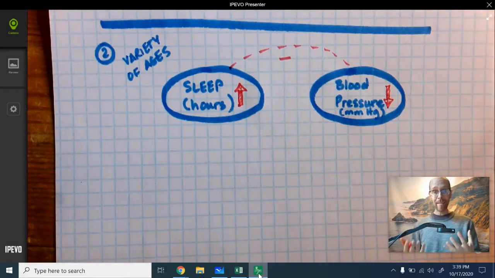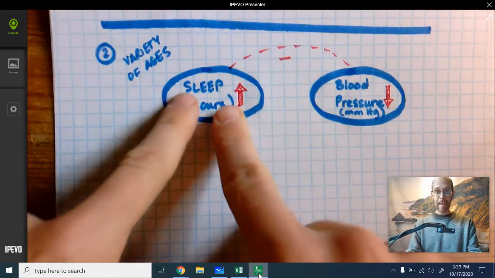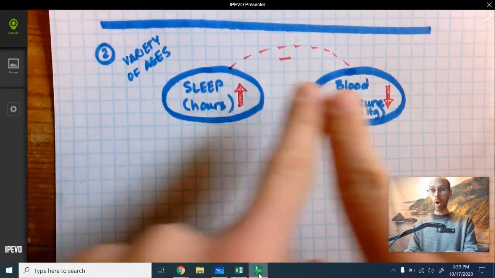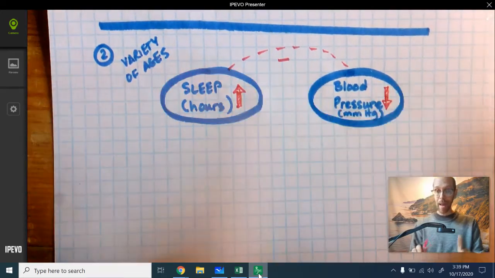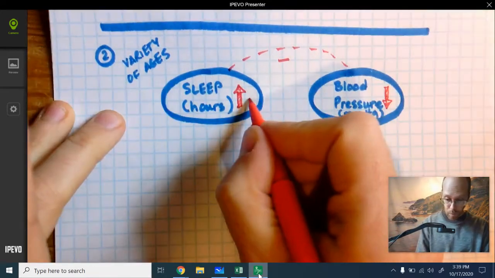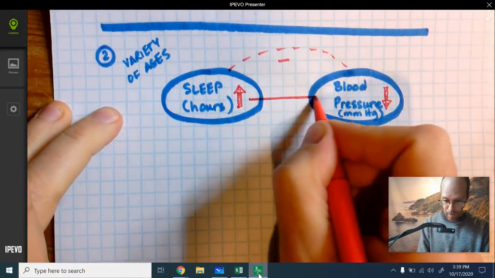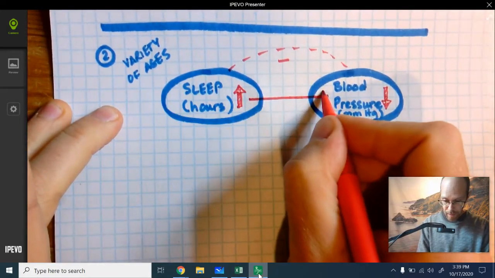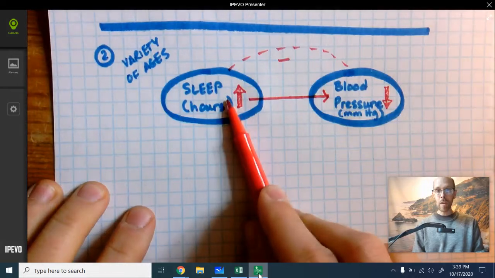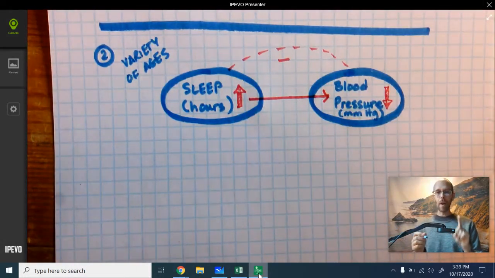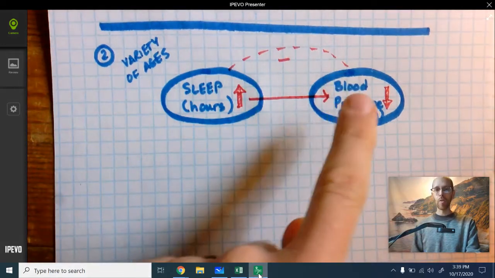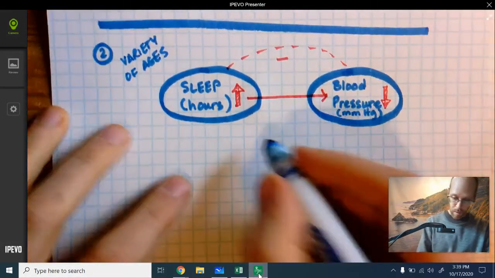Now, in this case, is it plausible that getting more sleep could cause someone to have lower blood pressure? Absolutely. So there's the possibility that this causes this. However, think of all the other factors that also could be causing this, right?